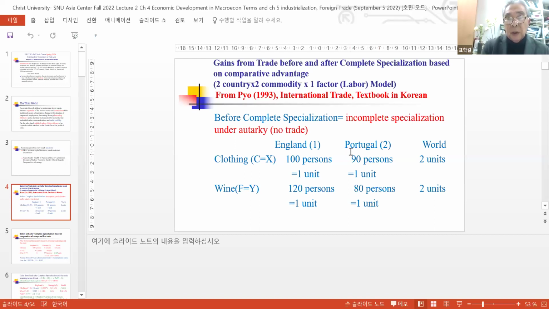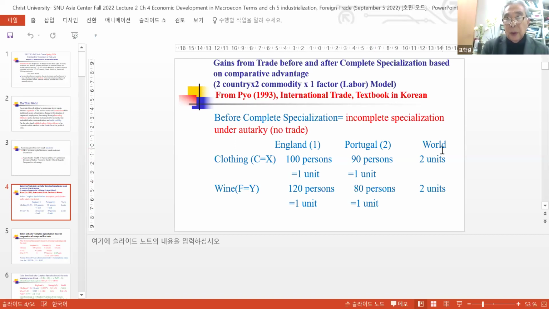England and Portugal produce two goods, both clothing 1 unit, wine 1 unit, and no trade is engaged between the two nations.